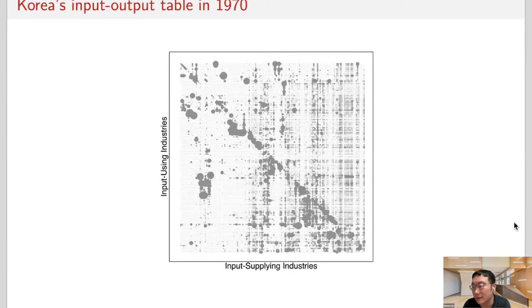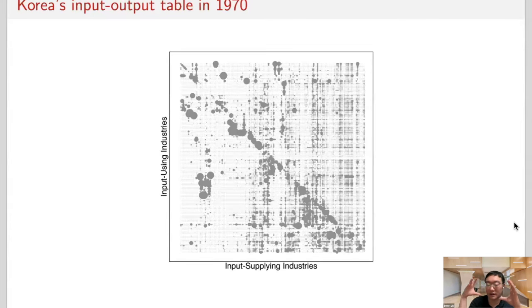So let's start by looking back in history. Let's think about South Korea in the 1970s. This figure shows a visualization of the input-output table of South Korea in 1970. Each column and each row represents an industry. The columns are the input-supplying industries, and the rows are the input-using industries.